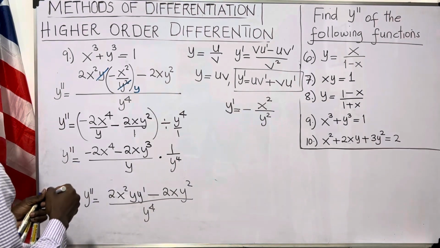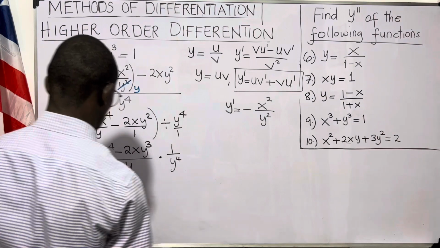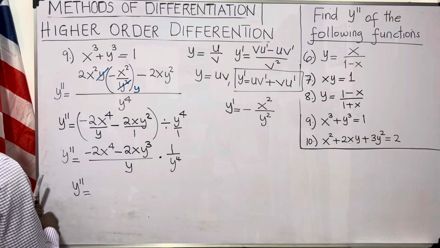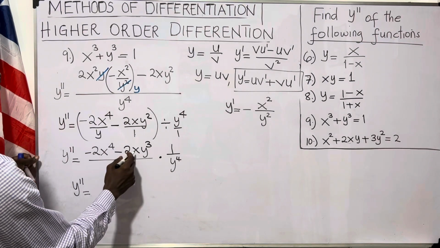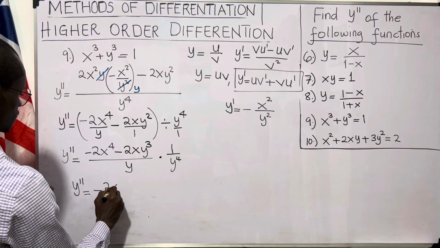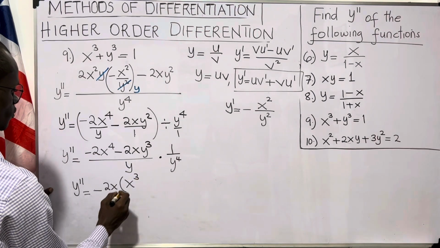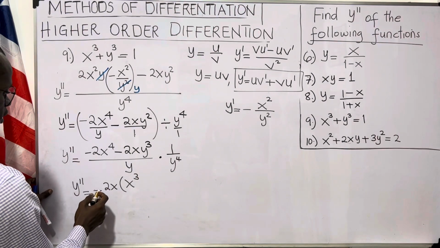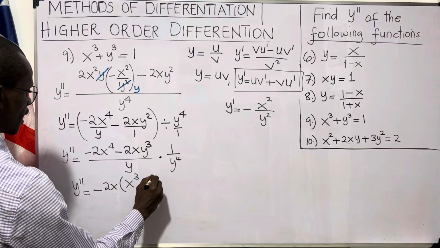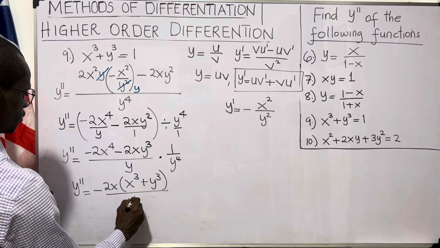So y to the 4th and y will now give us y to the 5th. So we have y prime prime equals. Now in the numerator, we can factor out negative 2x. In fact, we'll be left with positive x cubed. Negative times negative is positive, and this will just be plus y cubed all over y to the 5th power.